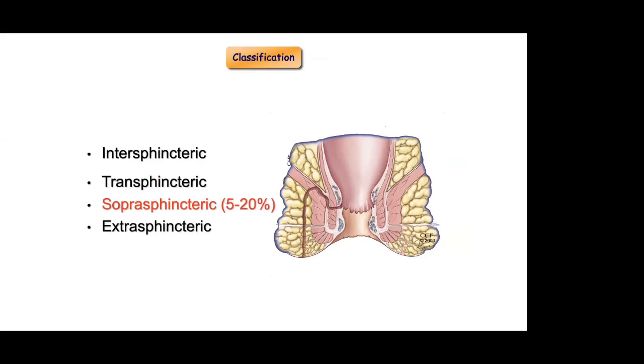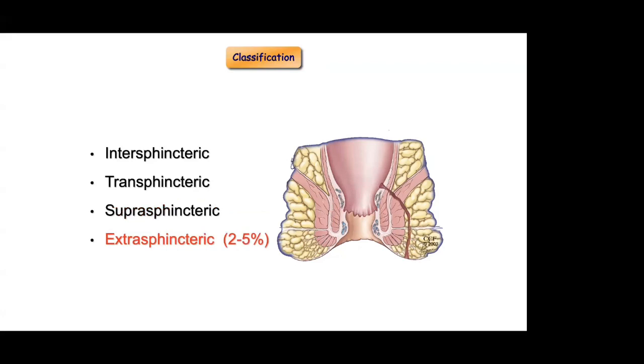The suprasphincteric fistulas are a little bit different, complex, and are when the fistula tract leaves the intersphincteric space going up above the puborectalis muscle and passes through, at least in part, the levator ani and then reaches the skin.